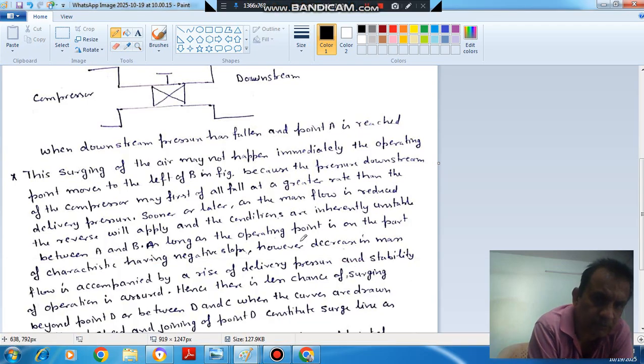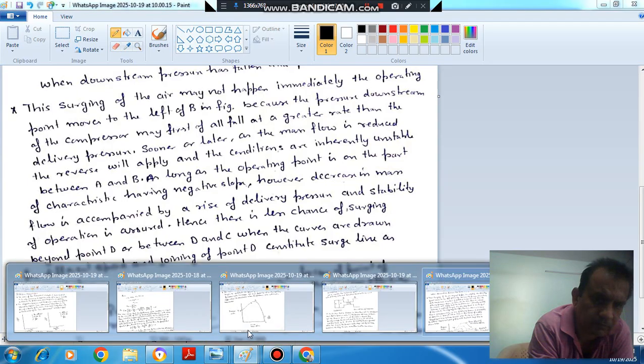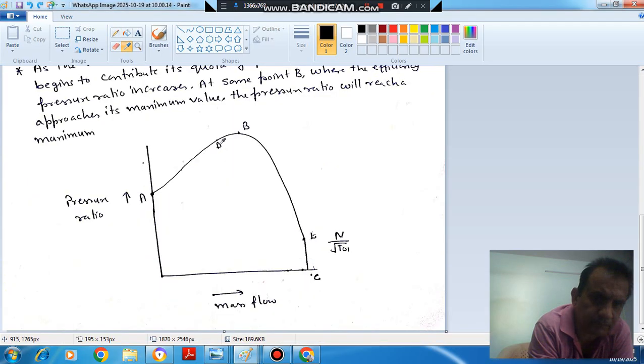As long as the operating point is on the part of the characteristic having negative slope, a decrease in mass flow is accompanied by a rise in delivery pressure, and stability of operation is ensured. Hence, there is less chance of surging beyond point D, between D and C.